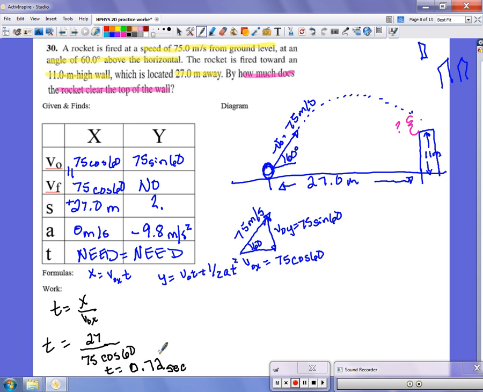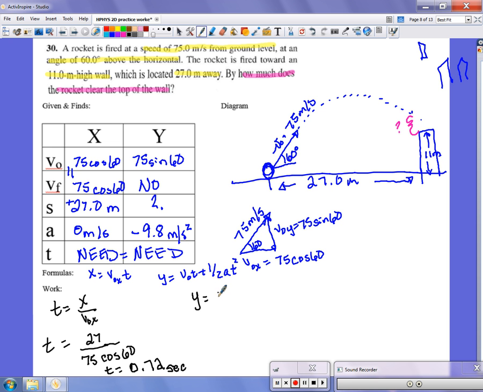I was having problems in another video where my s looked like a 5, so I'm going to put this here to keep myself on track so that I don't accidentally miscopy my number. That is another strategy to help you. All right, so now I can plug into this formula. I can't cancel anything nice and easily like I had before because V naught is not 0, so we just plug in.